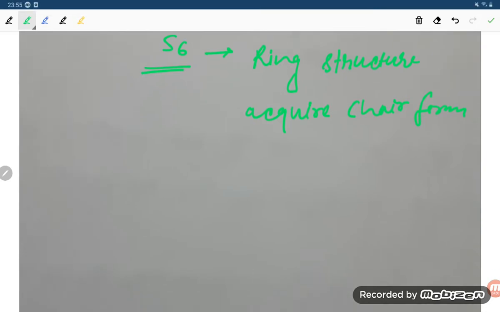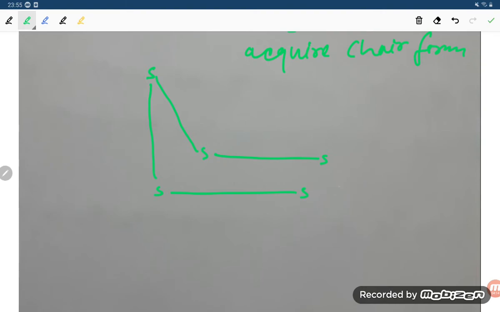Dear students, you can see it out here. Sulfur is there, and then again sulfur, and this is sulfur. Here will be sulfur. This is sulfur, and this is also sulfur. Now you see how many sulfur atoms there are: 1, 2, 3, 4, 5, and 6 sulfur atoms. Here the bond angle is 102.2 degree and the bond length is 205.7 picometer.